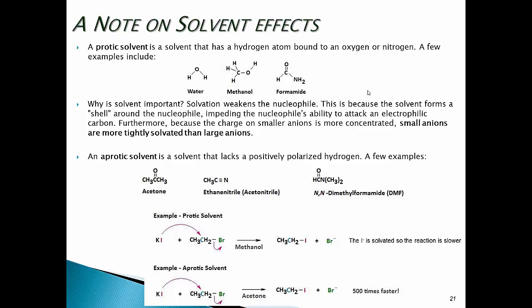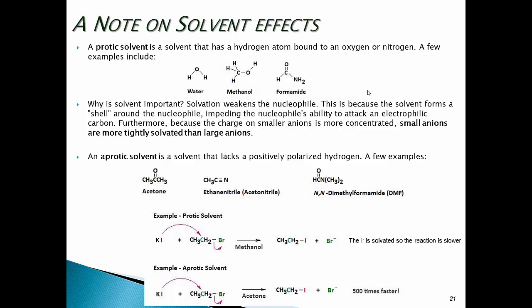okay, so why is the solvent important? Solvation weakens a nucleophile. If a nucleophile is in solution, it may be in a solvent which can go around that nucleophile and kind of trap it in a shell kind of environment, if you can think of it like that, and it makes that nucleophile unable to do what it needs to do.